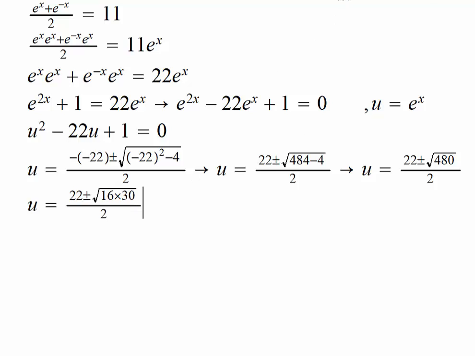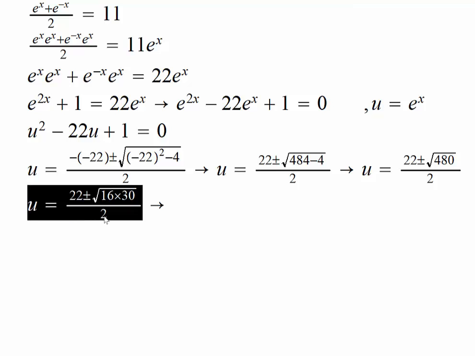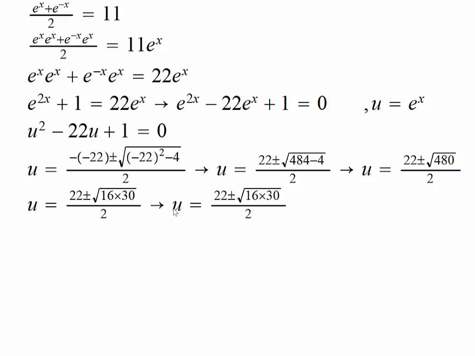And so what we would do now is just reduce it to the best we can. So this is 4 square root of 30 here, and then you have u equals 11 plus or minus 2 square root of 30.